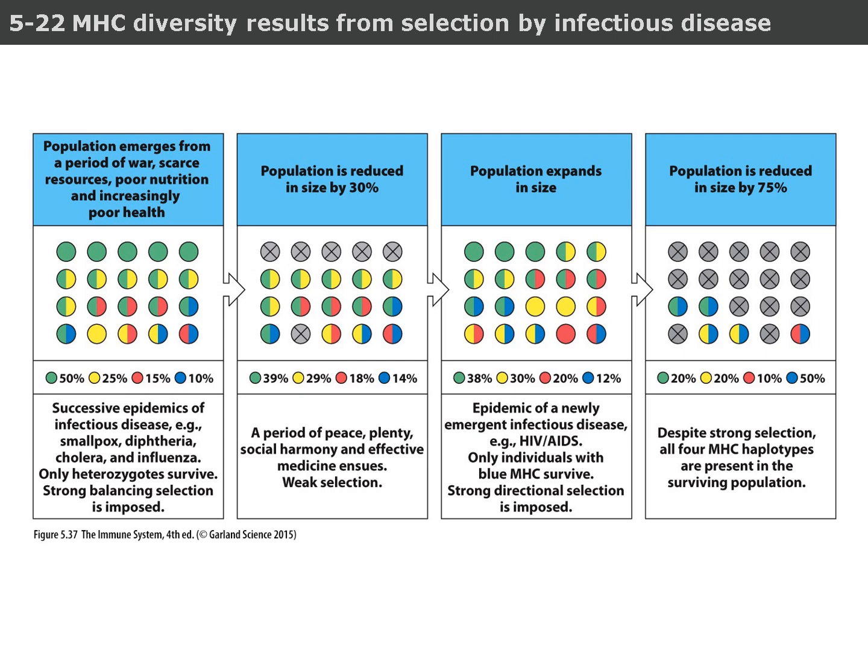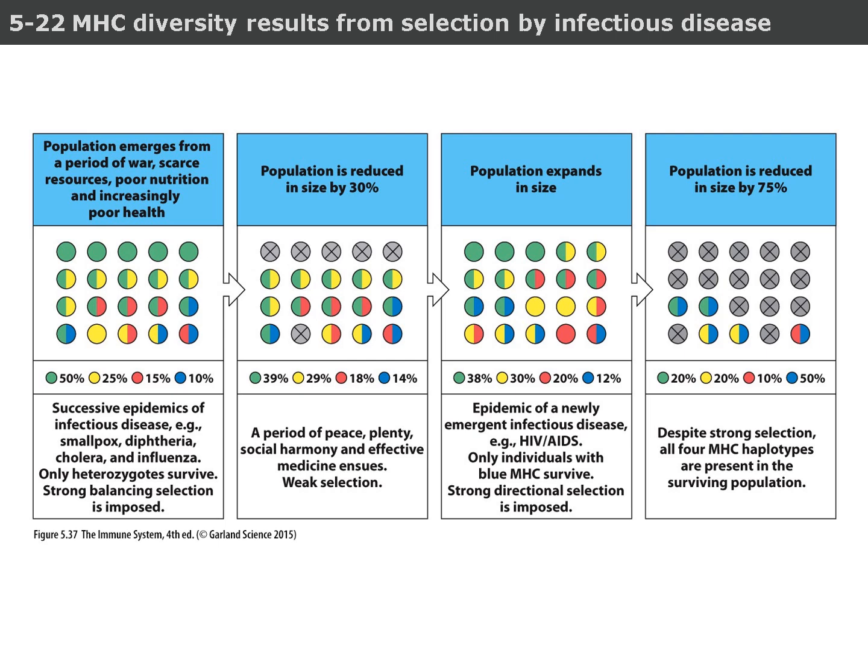This ensures survival across a broader range of pathogens. In the second panel, the population stabilizes and decreases slightly in size, entering a peaceful era with good nutrition and effective healthcare. In this period, selection pressure is weak, and MHC diversity remains relatively stable.